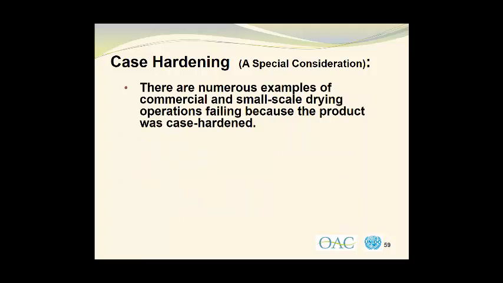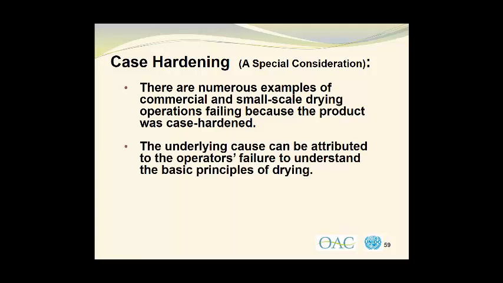There are numerous examples of commercial and small-scale drying operations failing because the product was case hardened. The underlying cause can be attributed to the operator's failure to understand the basic principles of drying.